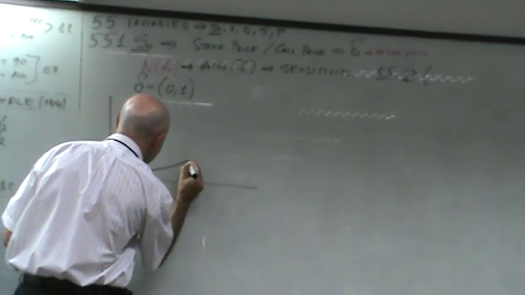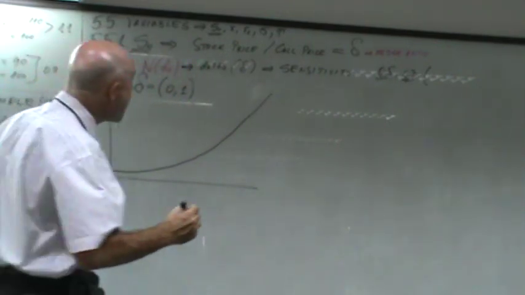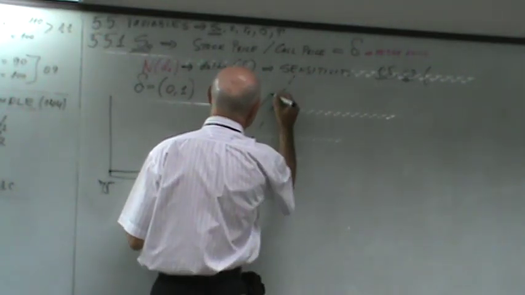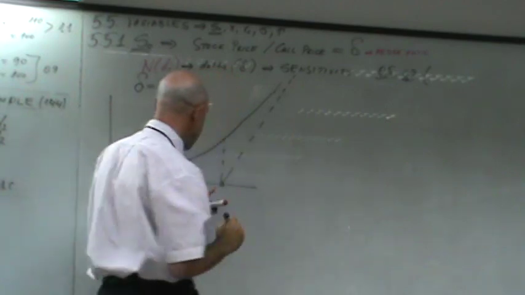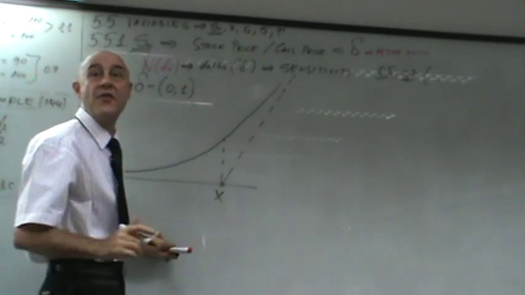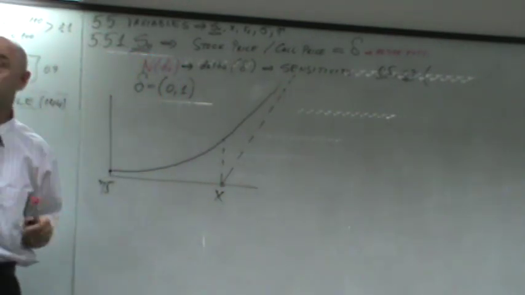As it starts going in the money, it's going to start rising very fast. If this is the strike X, this is the time value. So this is basically the price.